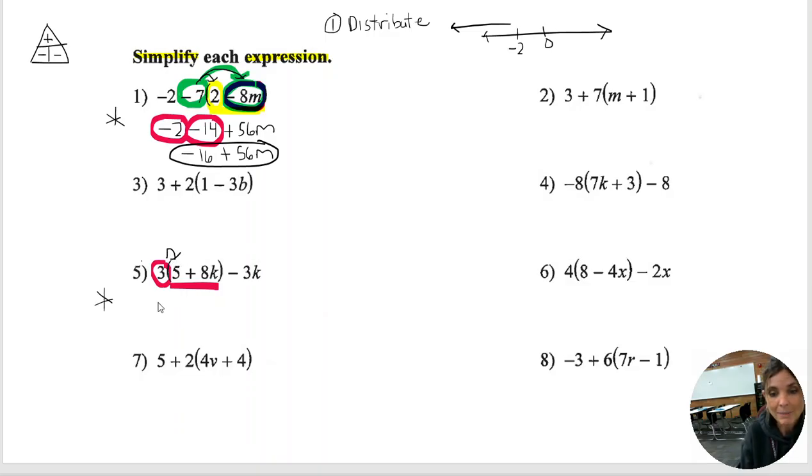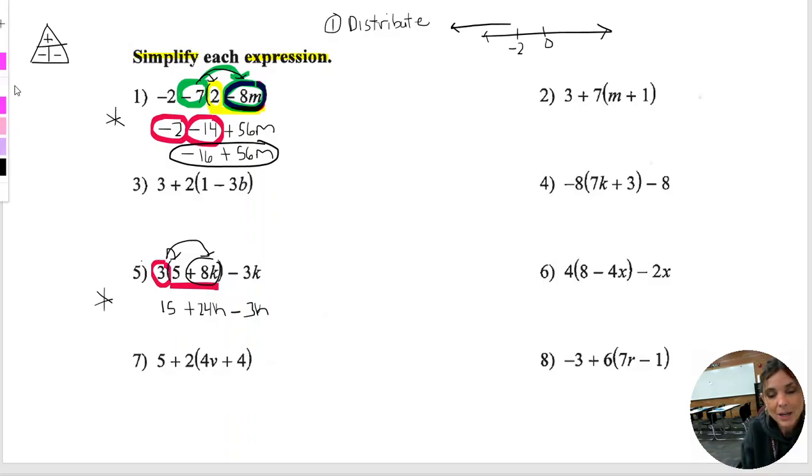So 3 times 5 is 15. And then this is 3 times a positive 8k, which is a positive 24k. And then we still have our negative 3k. So now we combine our like terms.